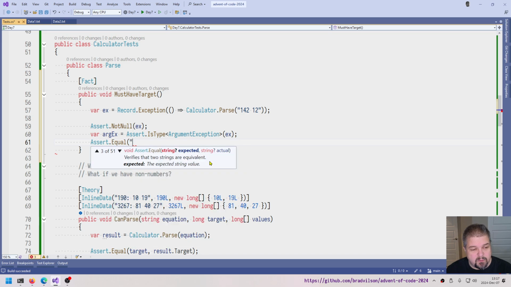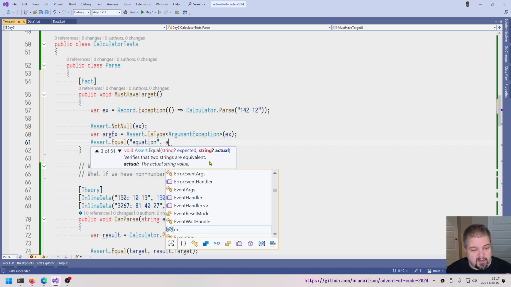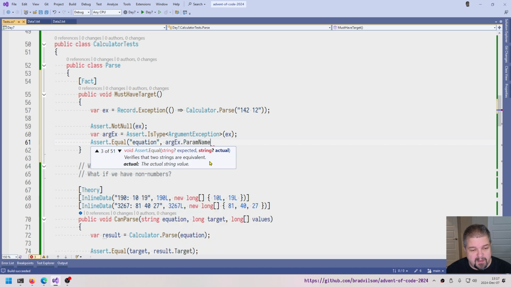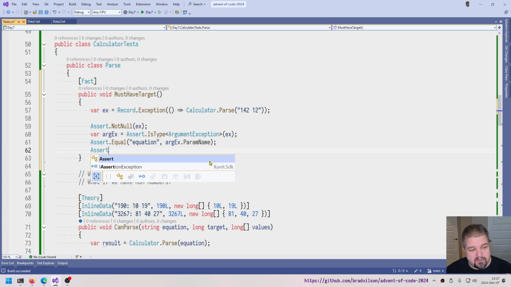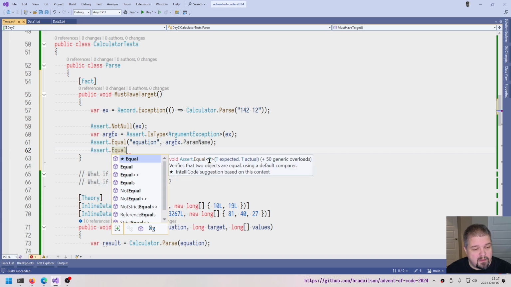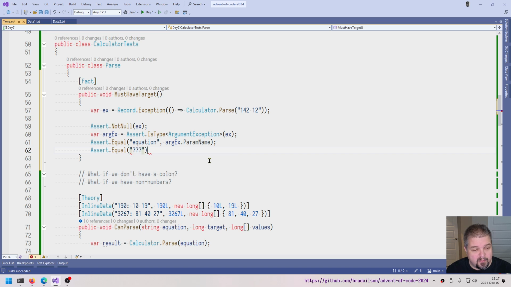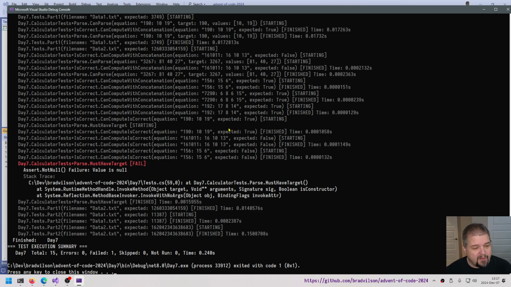This thing is called equation, right? So that would be arg_ex.param name. And then we can do assert equal, I don't know yet, arg_ex message. So I don't know what that message is going to be yet, but for now, we know that that is going to fail.